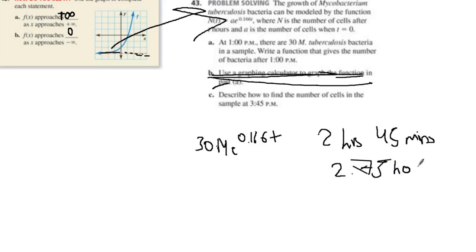And if I put that in this function, you will get 30 million e to the 0.166 times 2.75. So 30 million times e to the power of 0.166 multiplied by 2.75.